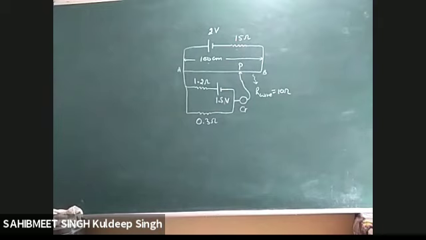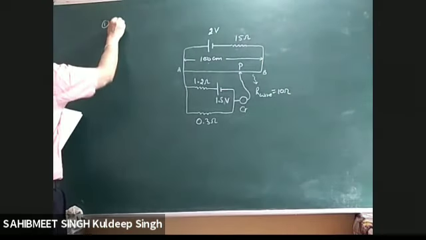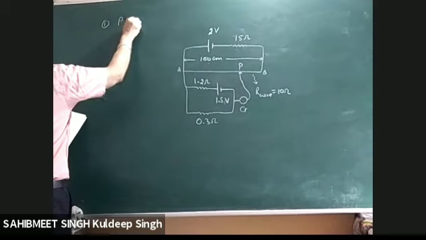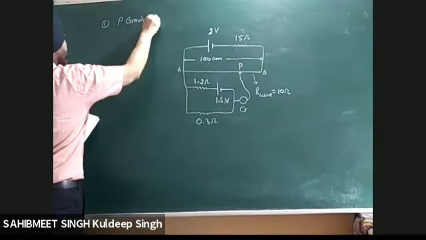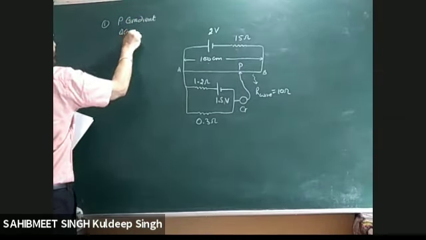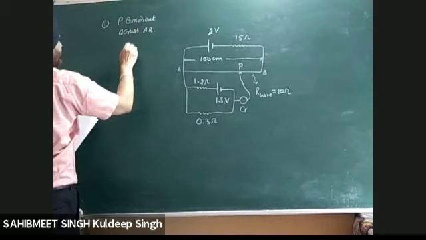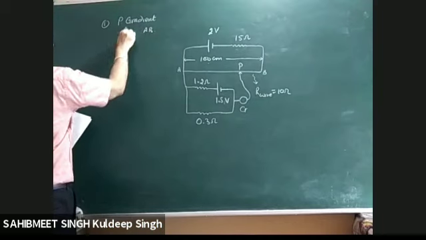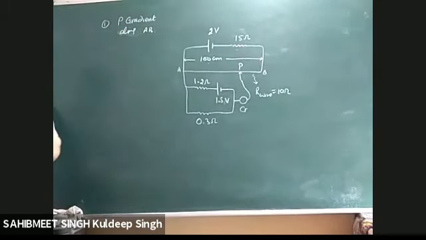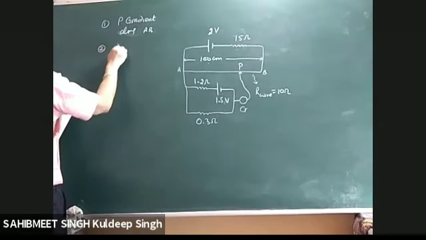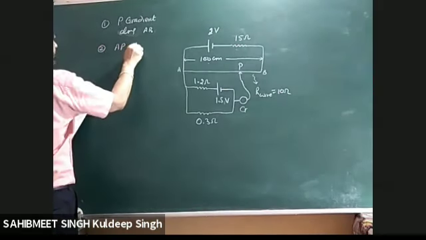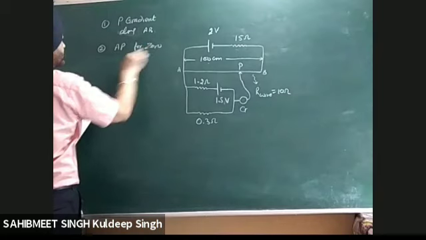Nothing is supposed or imagined from our side. Only it is given in the circuit. But to find out, number one, the potential gradient along AB, and second, what is AP for zero deflection.